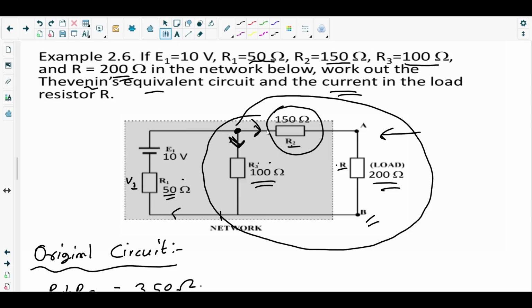If I ask you, is the same current passing through R3 and R2 and R? No. R3 has a different current. The pathway for current through R3 and the pathway through R2 are different. So that's why they are in parallel, simply.